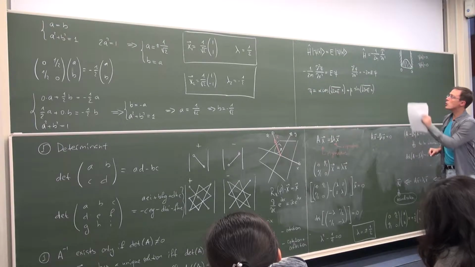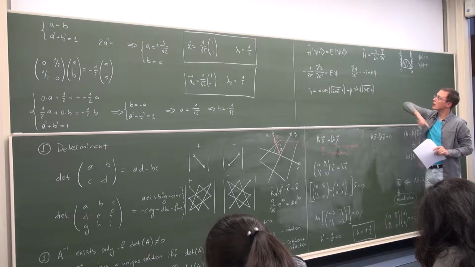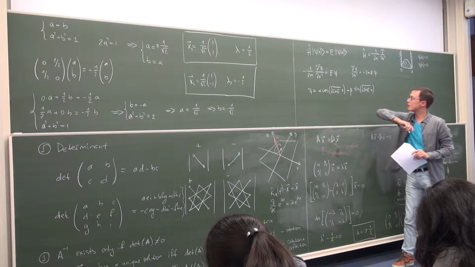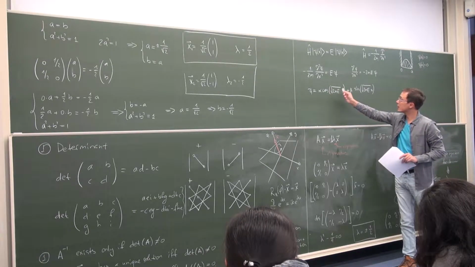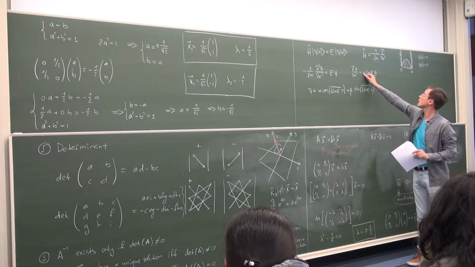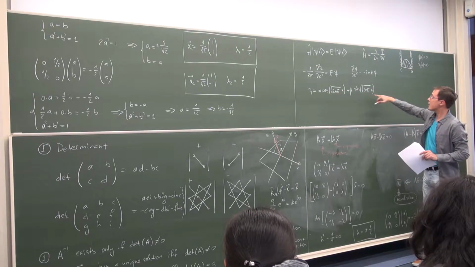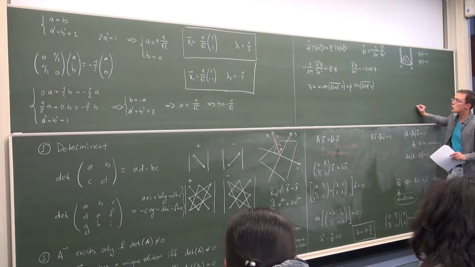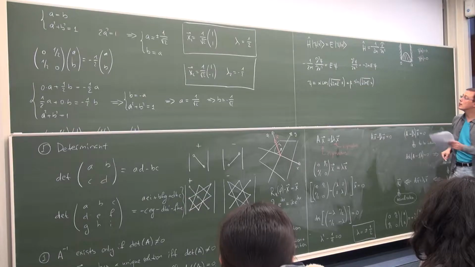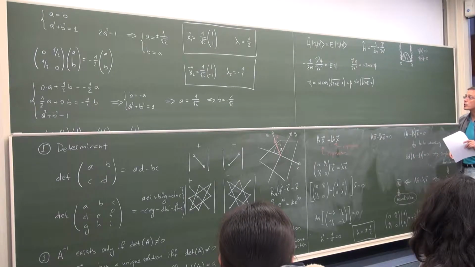You can check it by direct substitution into here. If we take the second derivative of the cosine, the root will come out with a minus, then we take it again and the root will come out again, so we'll get that with a minus sign, and the same goes for the other trigonometric function in here. So it can be directly checked that this in fact satisfies the equation.